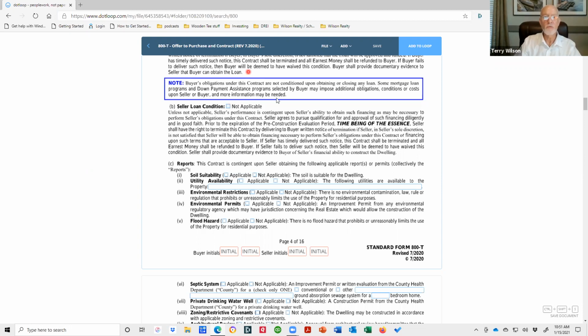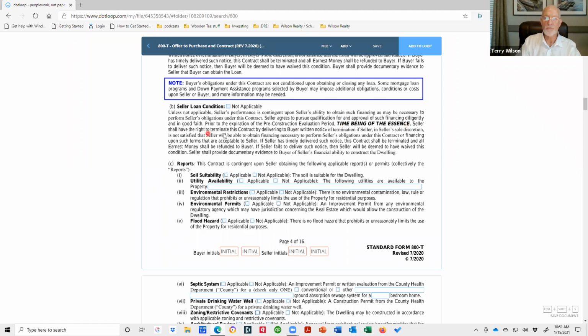And the seller's performance is contingent upon the seller's ability to obtain such financing as may be necessary to perform the seller's obligations. And the seller agrees to pursue qualification for and approval of such financing diligently and in good faith. Prior to the expiration of the pre-construction period, time is of the essence.